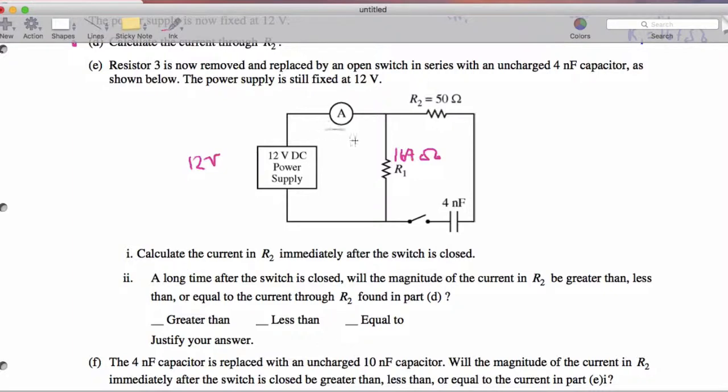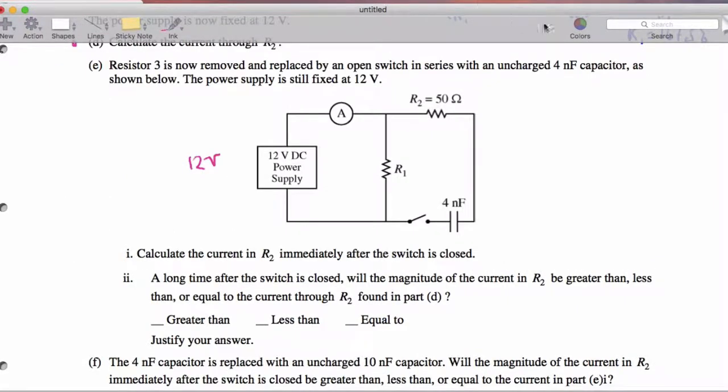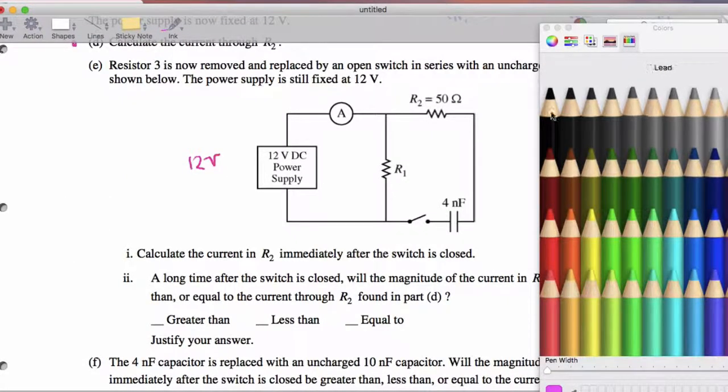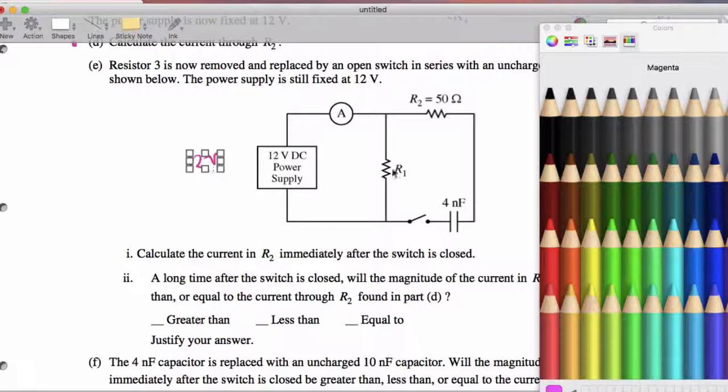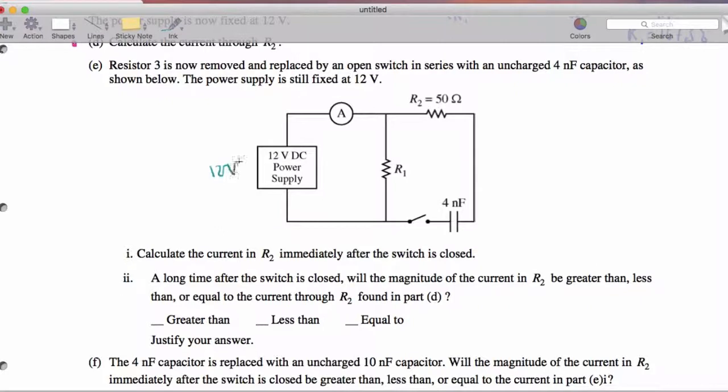So we can actually just take this as the loop. And you know what? Let me actually just switch colors again to be clear on what we're working with. Sorry to anybody who struggles with colors. I'm trying to pick better colors. These may not be the best ones. So here we will pick, this is 12 volts. This is 167 ohms, and we have 50 here.